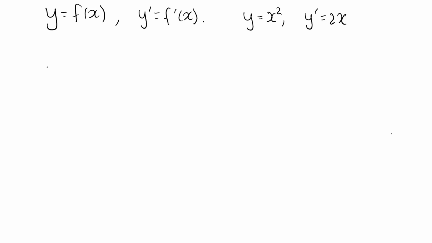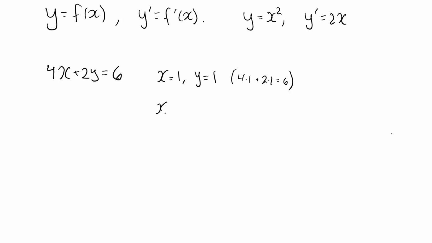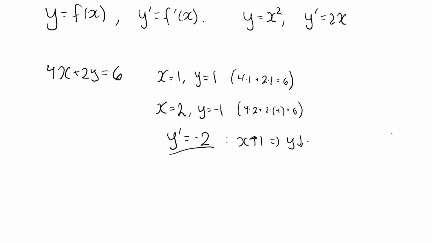For example, if 4x plus 2y is equal to 6, and we consider x equal to 1 and y equal to 1, which satisfy the equation, then if we increase x to 2, we must decrease y to minus 1 if the equation is to be satisfied. The derivative in this case, y prime, is equal to minus 2. y decreases by 2 units when x increases by 1 unit.